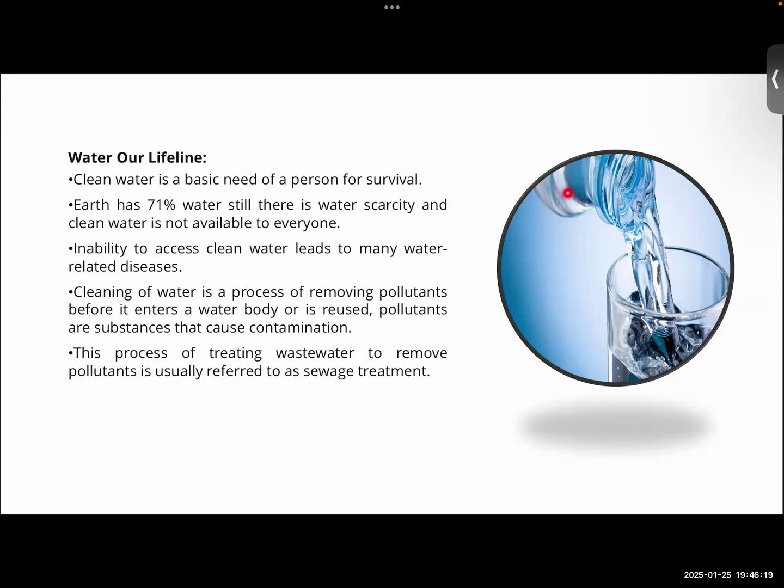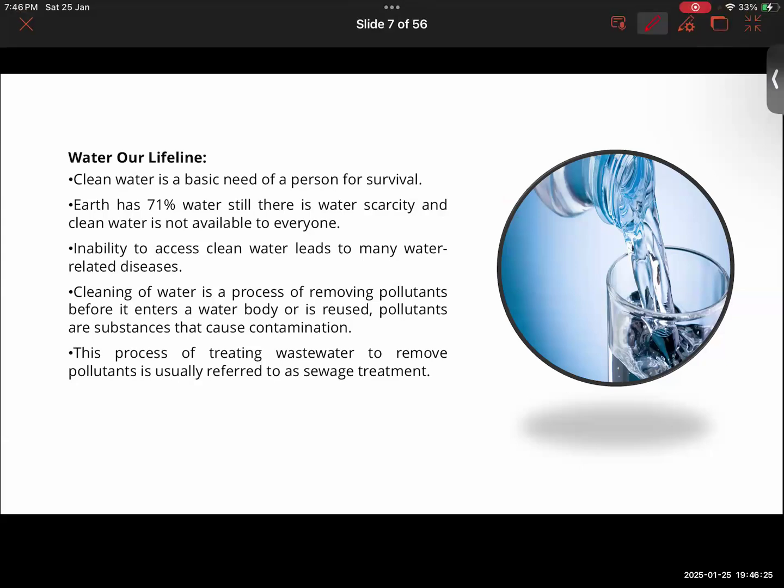In some areas so much water is present, but in some areas very little water is available. Getting it now? And the vast amount of water is salty. That is one problem. And cleaning of water is basically a process of removing all the pollutants before it enters a water body or is reused, right?